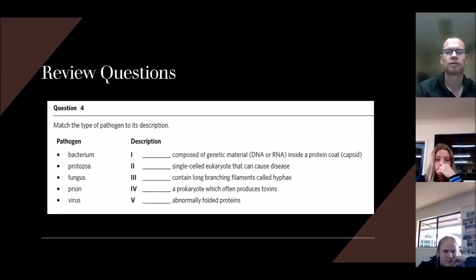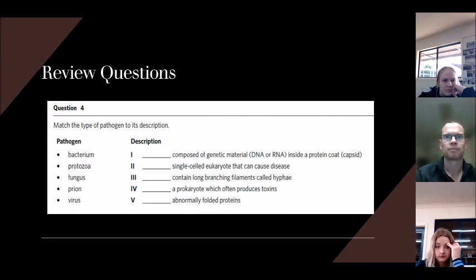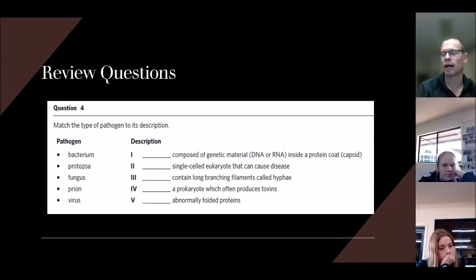So protozoa. Would that be 2? Yeah, so protozoa are eukaryotic. They're more complex organisms, and they obviously can cause disease. Fungus. 3. Yep, 3. Long branching filaments called hyphae is a typical characteristic of fungi.